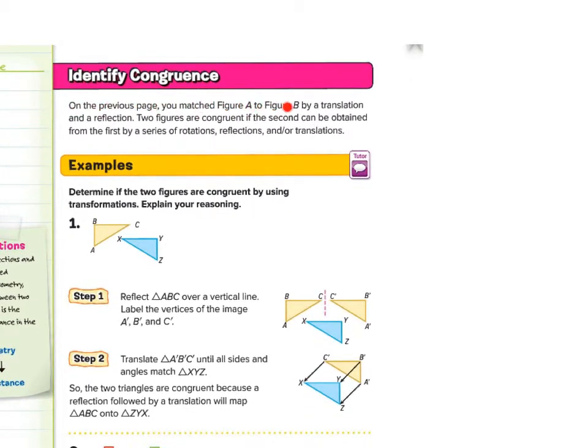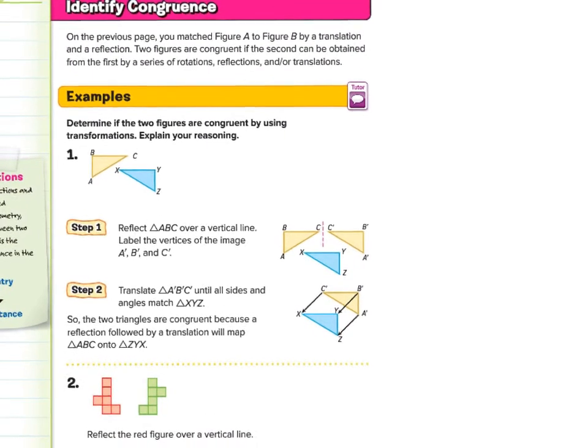Determine if the 2 figures are congruent by using transformations. Explain your reasoning. Here we go. So we have these 2 right-angle triangles, or they look to be right-angle triangles. We would need to possibly rotate it and flip to see if it would fit in here. Let's see how they do it.